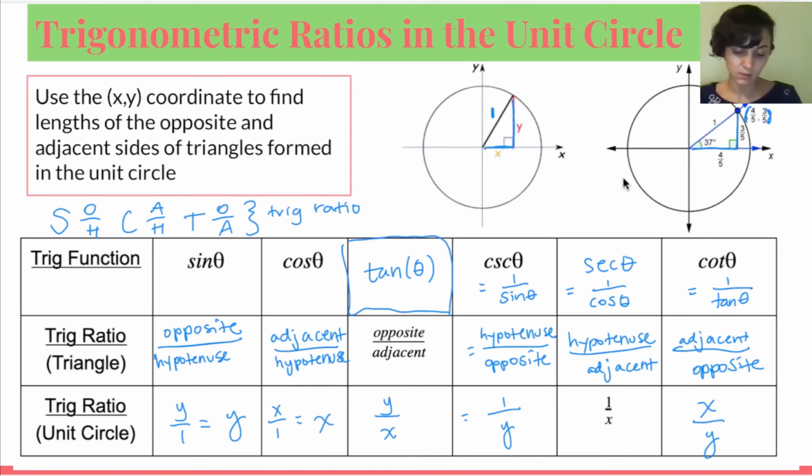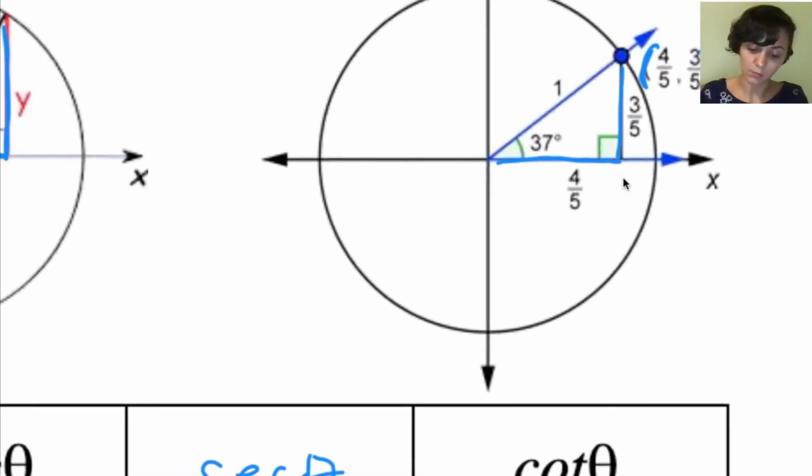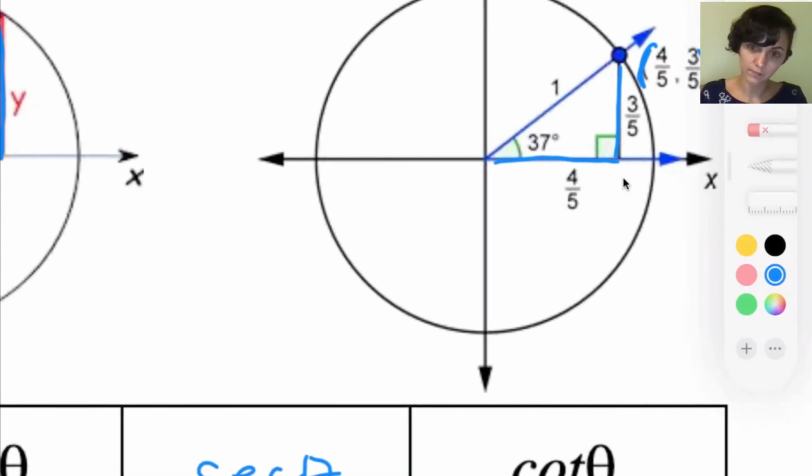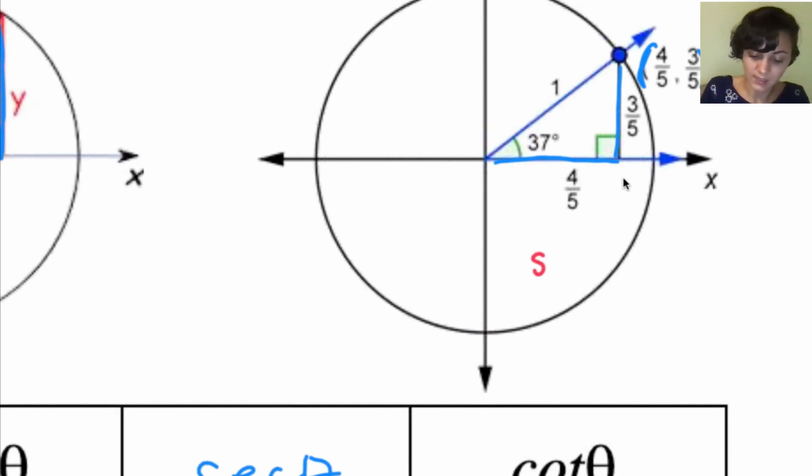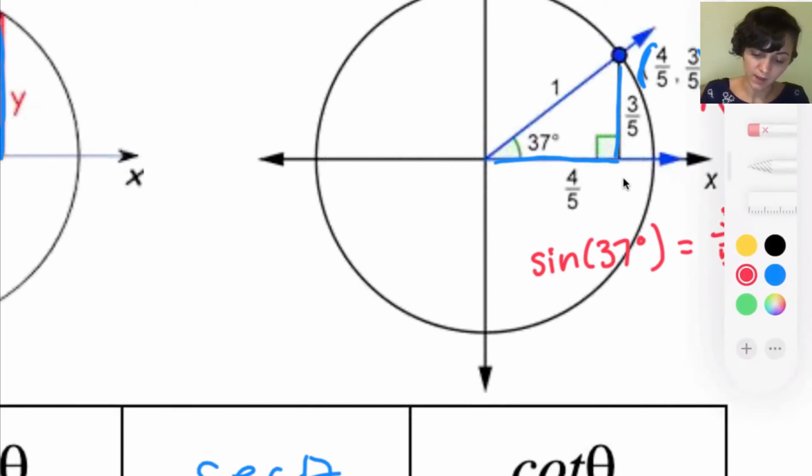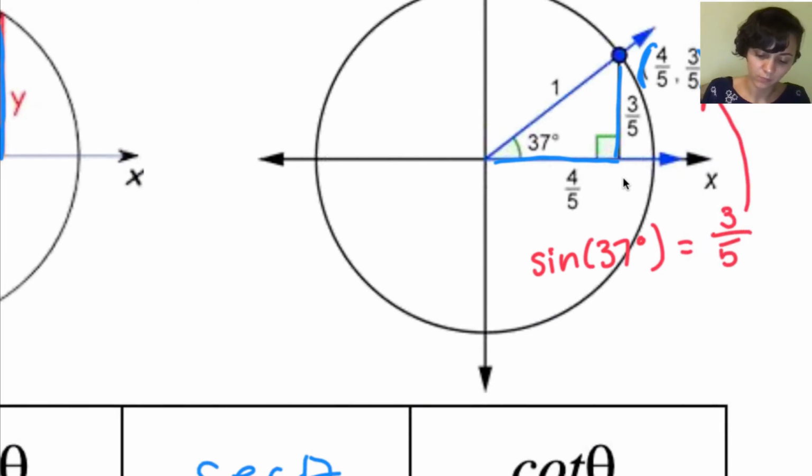Okay? So in this case, if you need a little mini example, I'll do it in red. If I were to say, what is sine of 37 degrees? Sine of 37 degrees is the y coordinate, 3/5. The y coordinate. And then if I were to say, what is tangent of 37? That's going to be y over x.